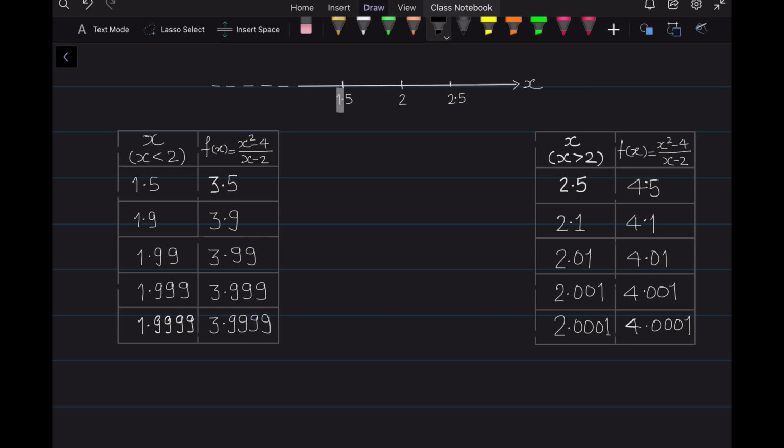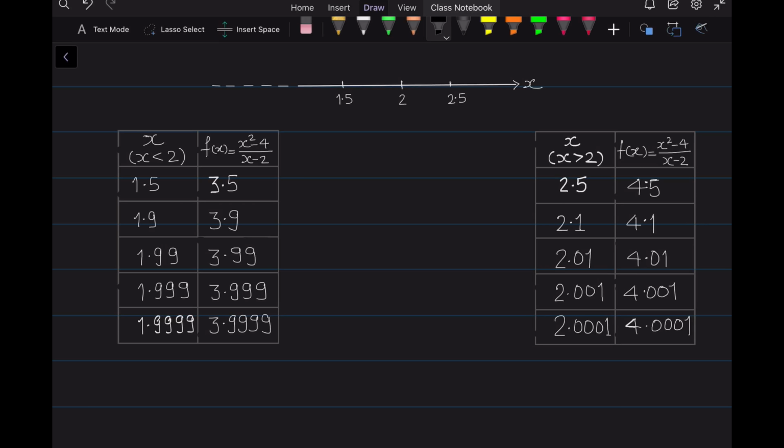As the values of x get closer and closer to 2, for example, I picked the value 1.9, which is right here. And as the values of x get further close to this number 2, I have taken a few more values of x as x approaches 2 from the left. And to each of these values of x, I have calculated the corresponding y values, that is the values of this function according to this rule.